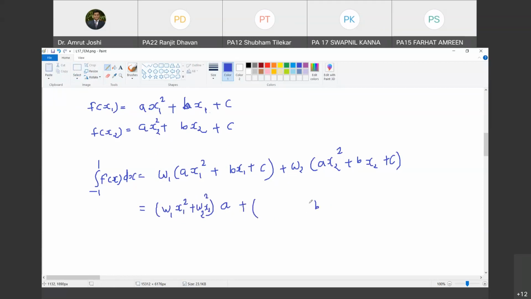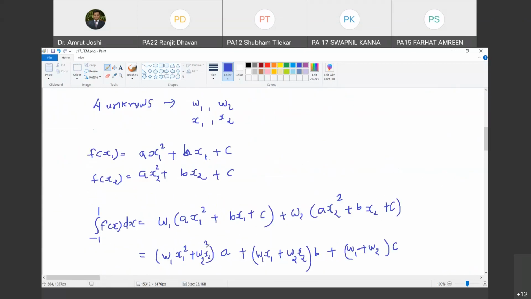In first case, it is w1 x1. Plus in second case, it is w2 x2. Right? Now let me collect terms in c. So how do I collect terms in c? For c, w1 and here how much will it be? Plus w2. Agreed?